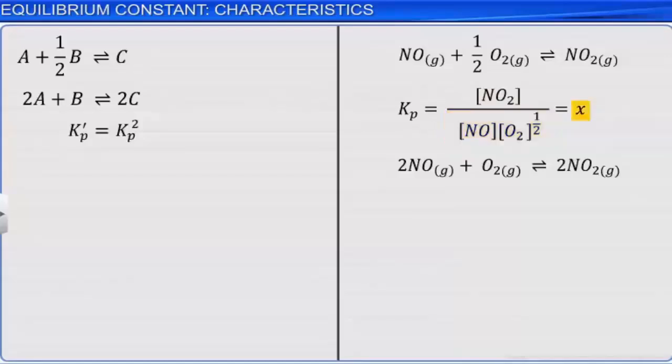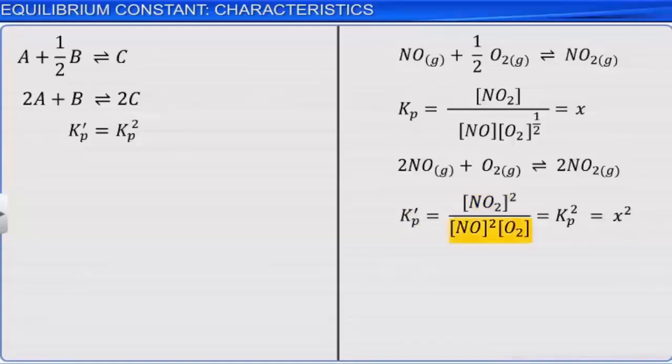The equilibrium constant for the reaction of 2 moles of gaseous nitric oxide and 1 mole of gaseous oxygen combining reversibly to form 2 moles of gaseous nitrogen dioxide may be written as Kp dash is equal to the concentration of nitrogen dioxide raised to the power of 2 divided by the product of the concentration of nitric oxide raised to the power of 2 and the concentration of oxygen, which is equal to Kp square, which is equal to x square.